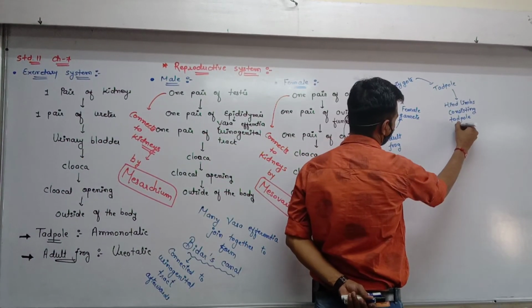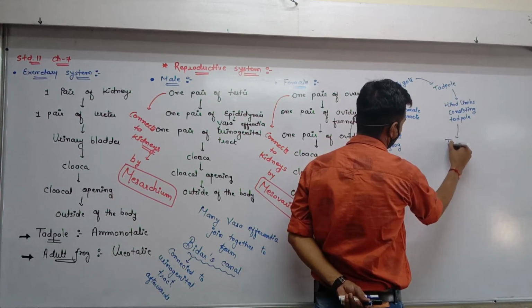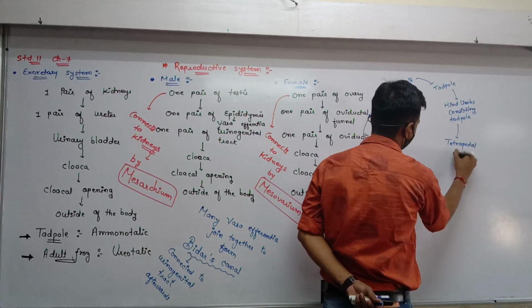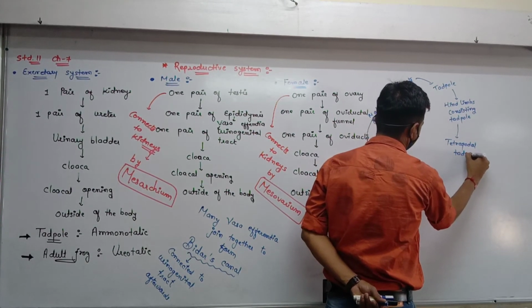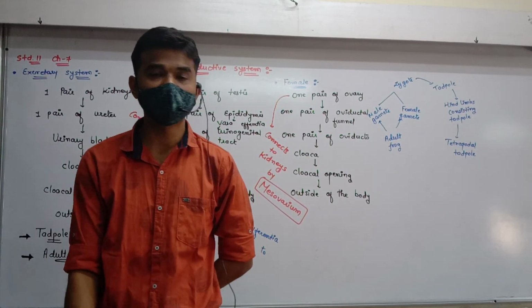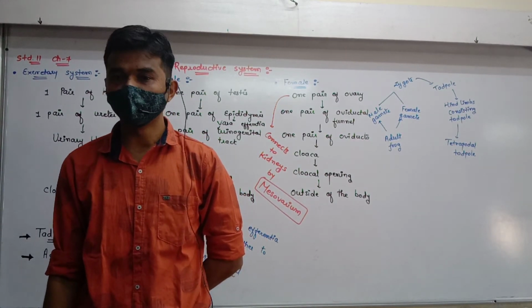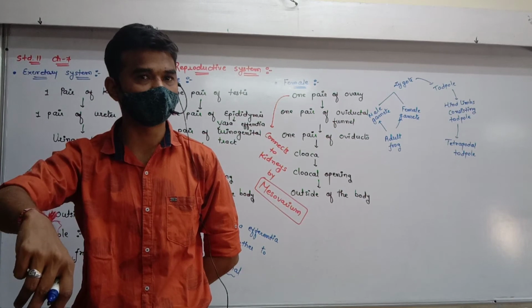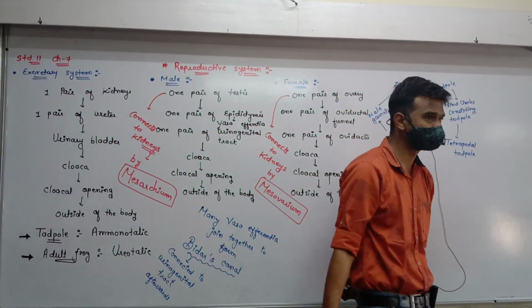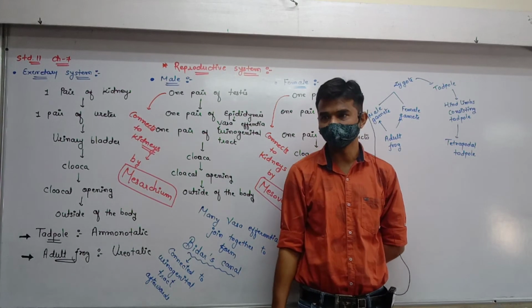Then tetrapodal tadpole. It means both forelimbs are also formed. Now here in the tetrapodal tadpole, tail is there.